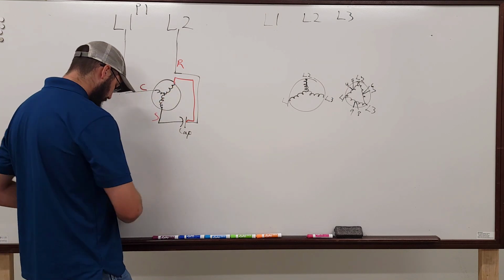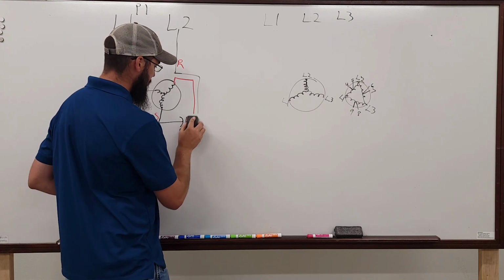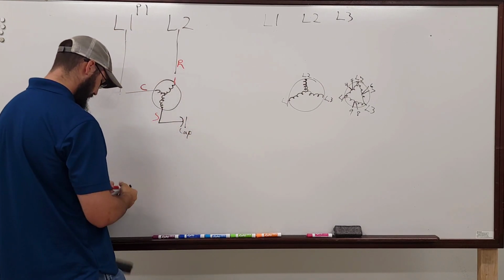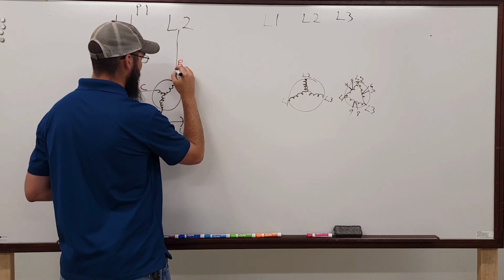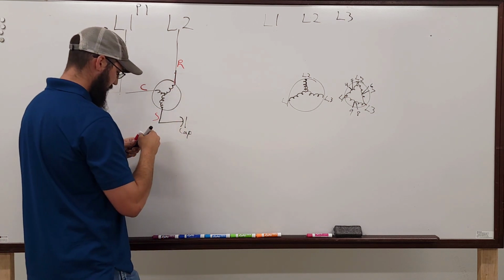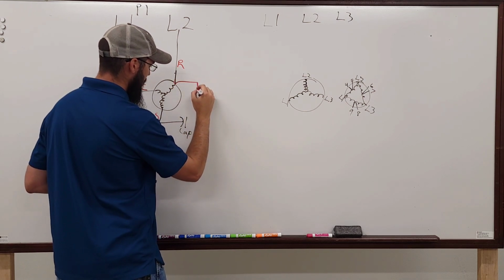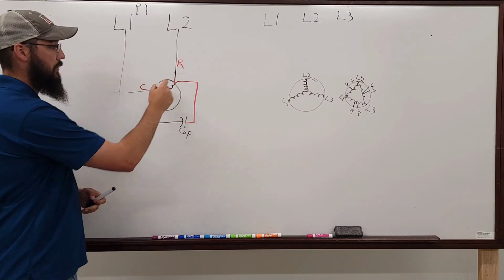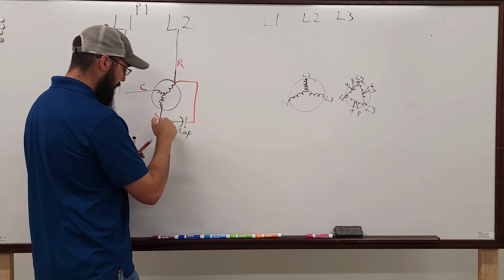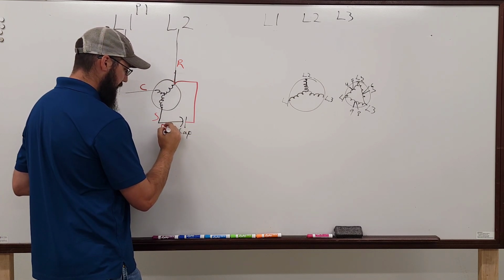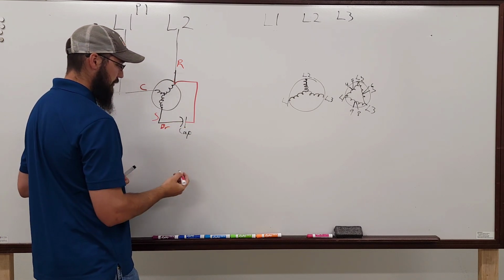A 4-wire configuration is going to look like this. This wire, so typically we'll call it brown, right? This will be just a straight brown wire.